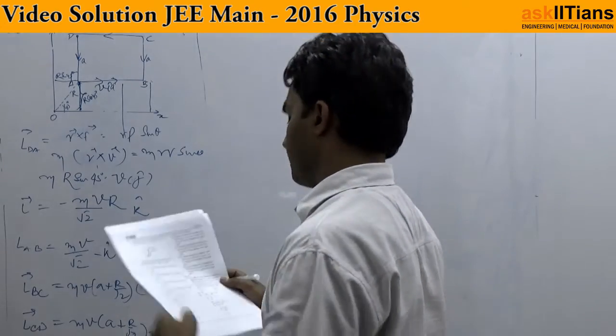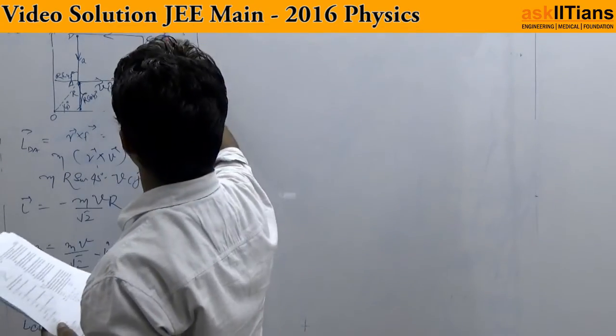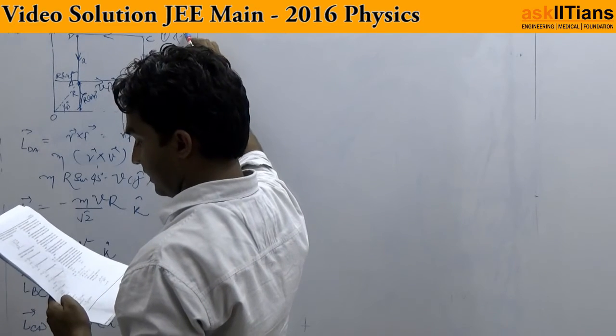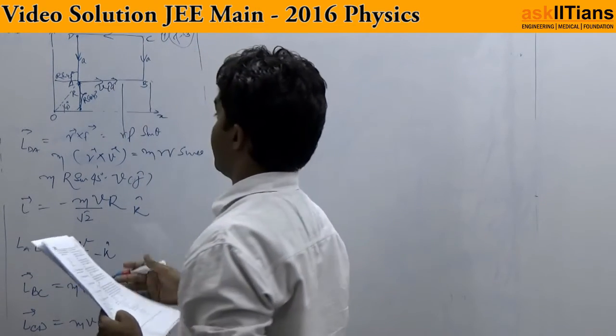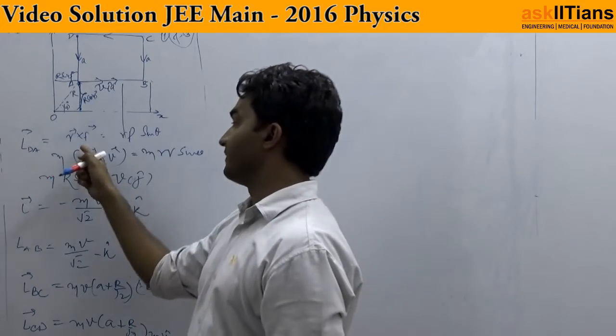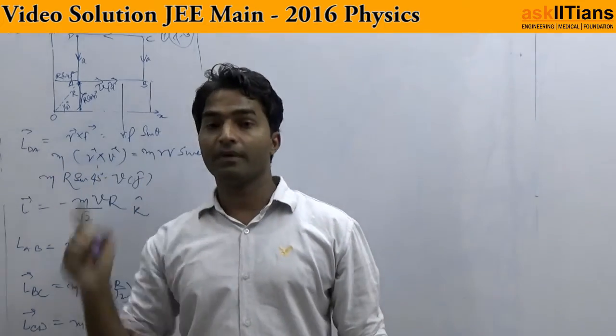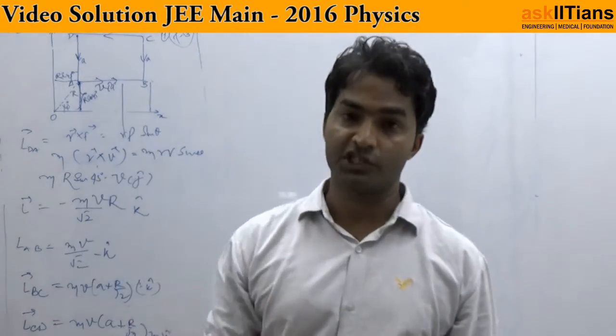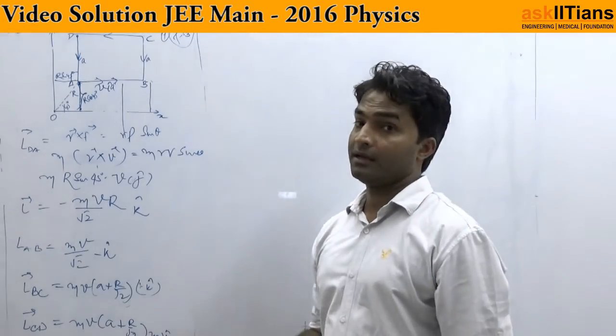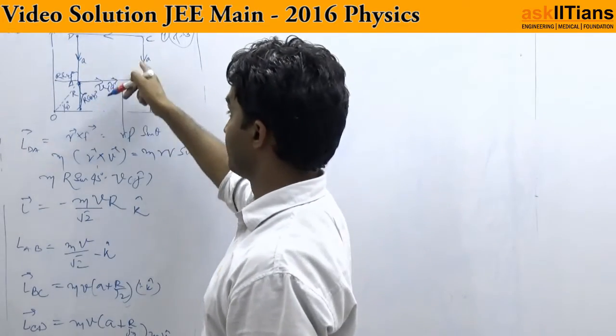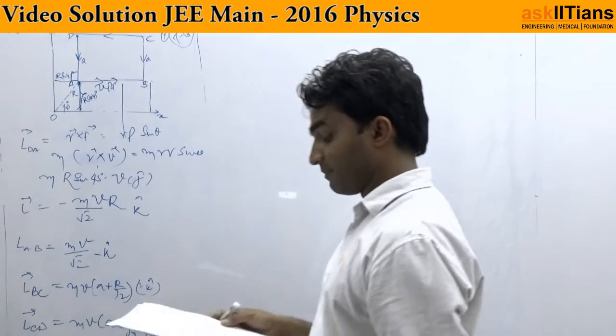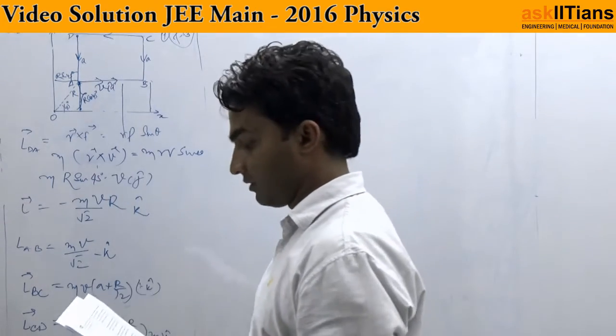So in this problem, options 1 and 3 are the correct choices. The formula we use is m r sine theta, and we can find the cross product of the position vector with the velocity. So it is negative, both are positive, and that matches with options 1 and 3 over here.